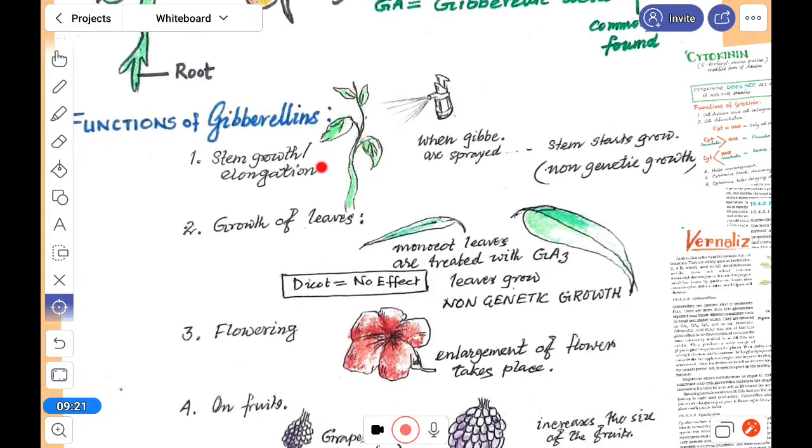If we spray gibberellic acid artificially, this area will be developed. This growth will be non-genetic growth. In the case of leaves also, if monocot leaves are treated with gibberellic acid, the leaf will grow bigger in size. But in dicots, there is no such effect. This is called non-genetic growth.